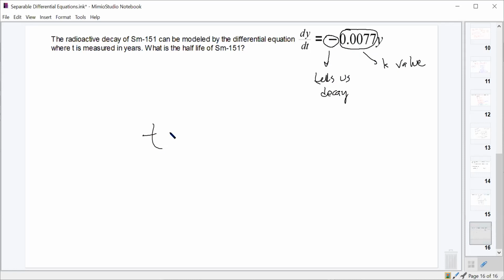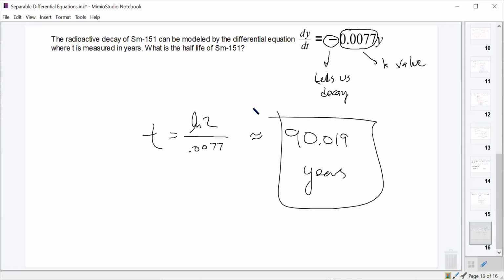It should be t equals natural log of 2 divided by our k value, which gives us what? 90.019. Years, we'll say, since that's what it's taken from. And that's that.